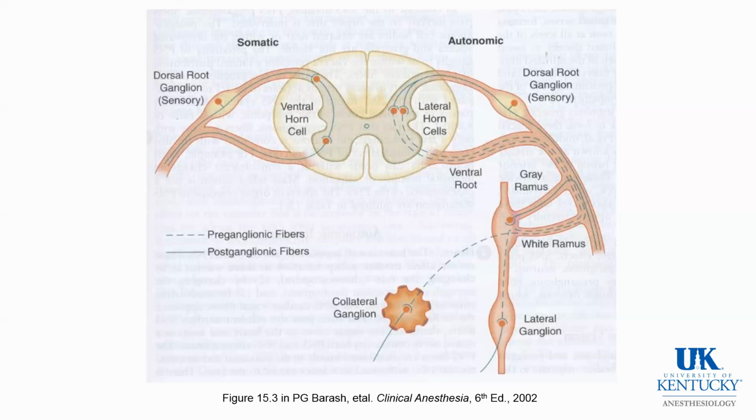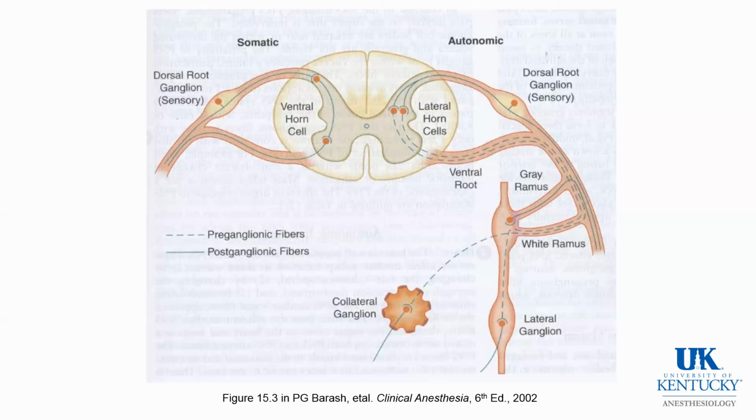The preganglionic nerve of the sympathetic nervous system, which originates in the spinal cord, exits with the spinal nerves and enters the white ramus into the paraspinal ganglia.